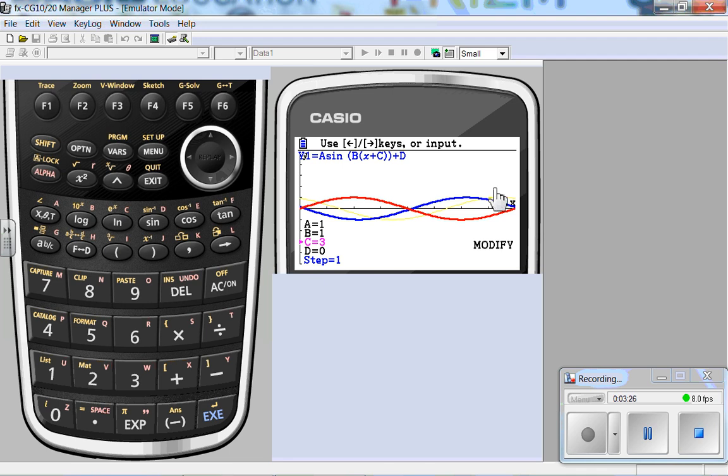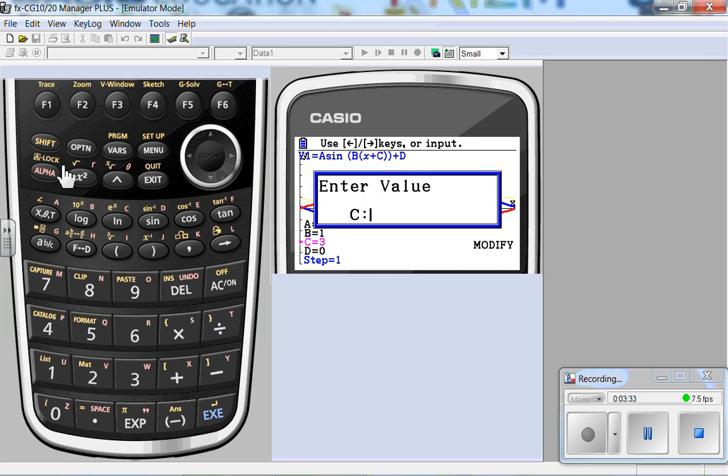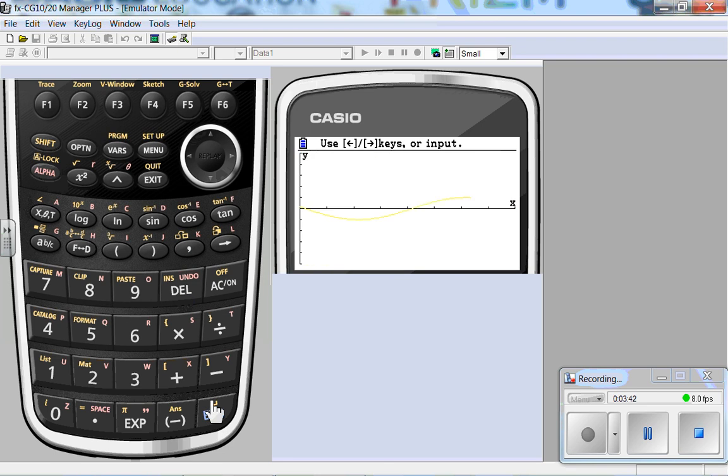So I'm going to put in pi for that value. Oops, don't want E, I want pi, so shift. Shift, there you go. So now I've been shifted over by a whole pi there.